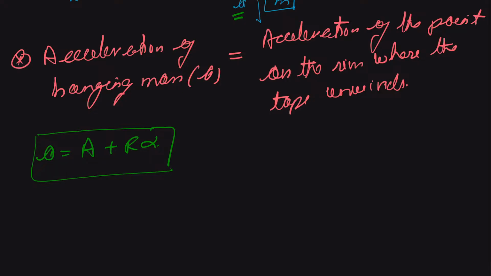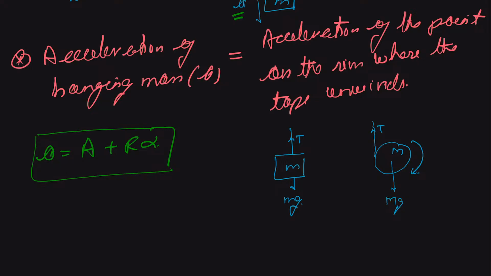So we have a mass m, so there will be a tension T in the upward direction, and we are going to have mg in the downward direction, and there is our disk whose mass is given as capital M. It is going to have Mg in the downward direction, and there will be tension T, but that will be at one of the ends, and it is also going to rotate. So this is a basic figure for that.